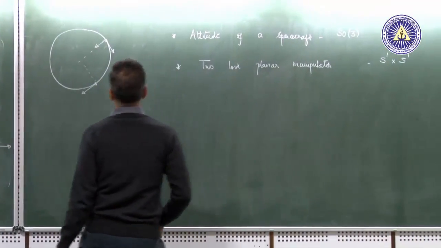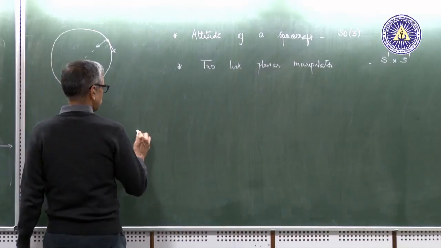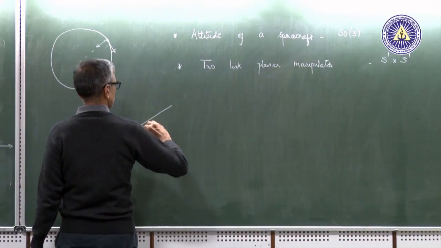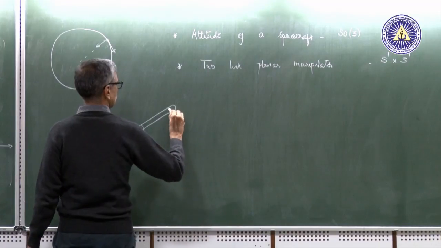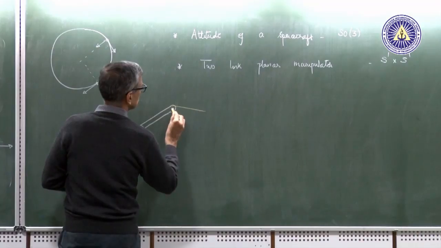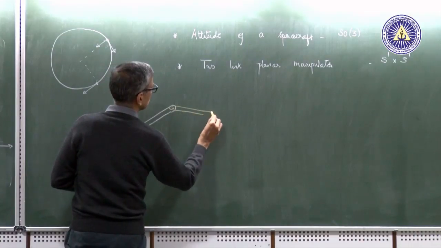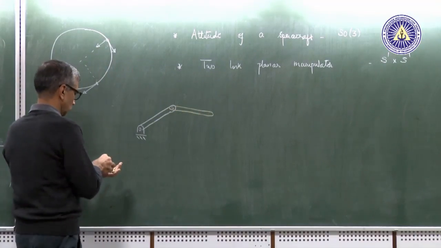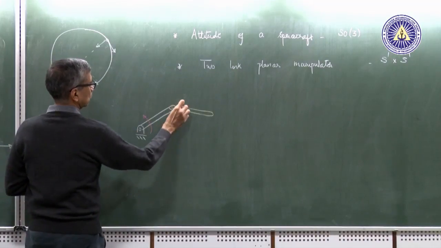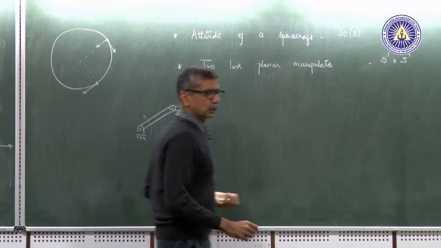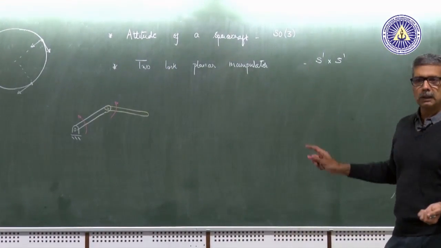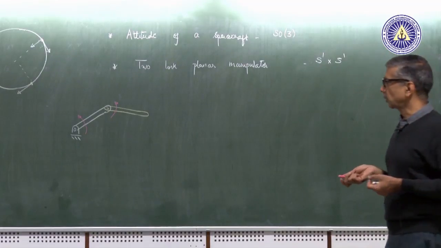Now, the question is, say for the two-link manipulator, you would also like to describe velocities, right. It's not just about configuration, you also want to talk of velocities.